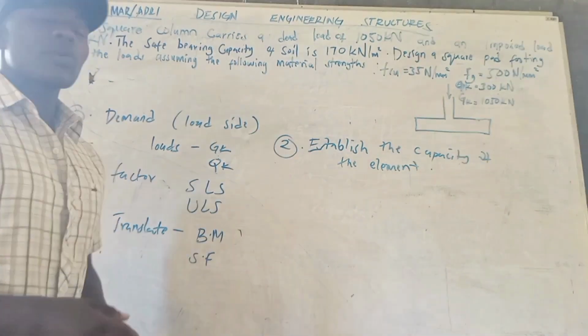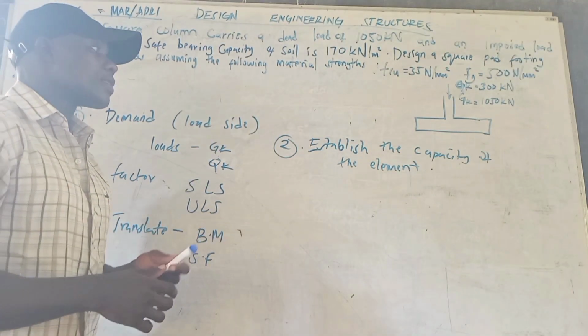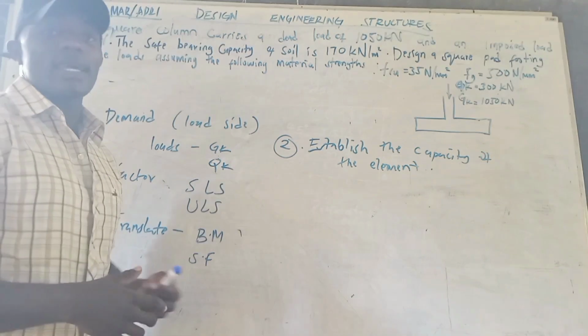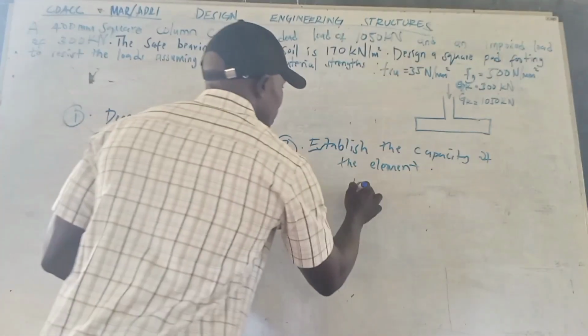So what is the capacity? Someone may ask. The capacity is the resistance side of the structure.